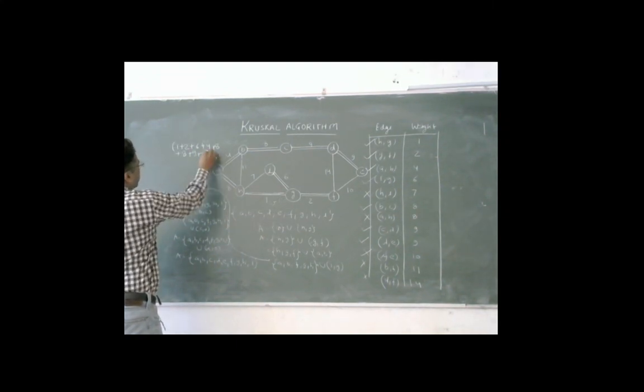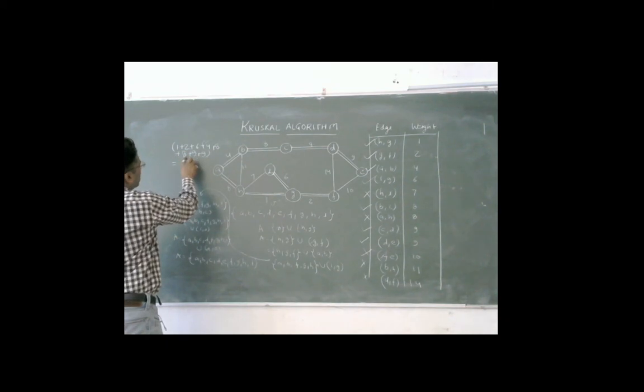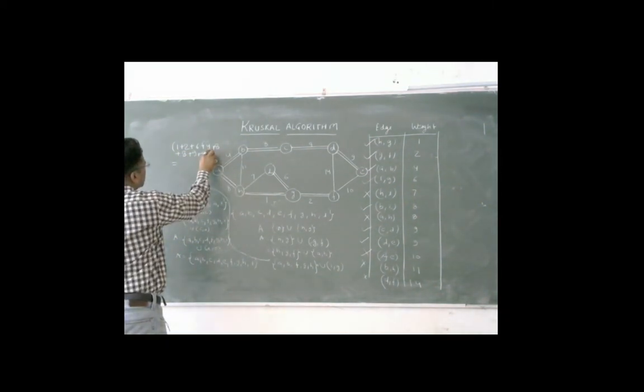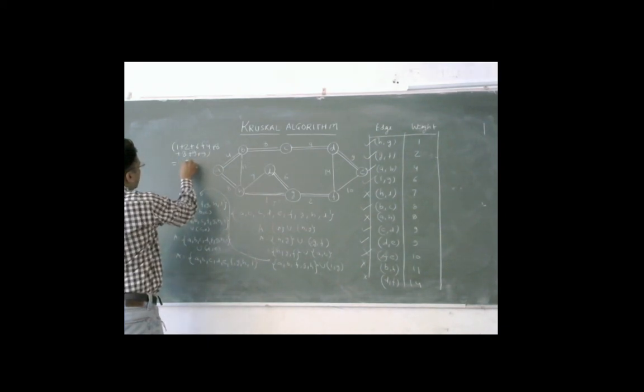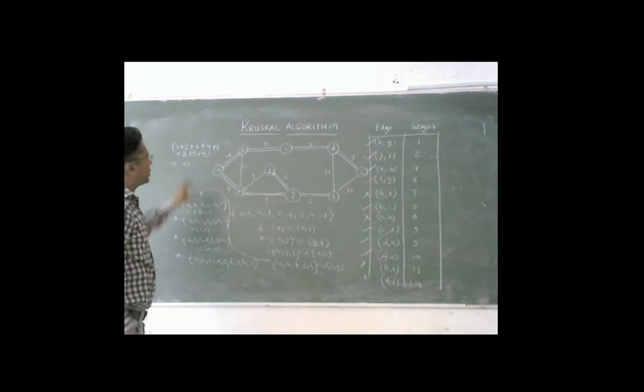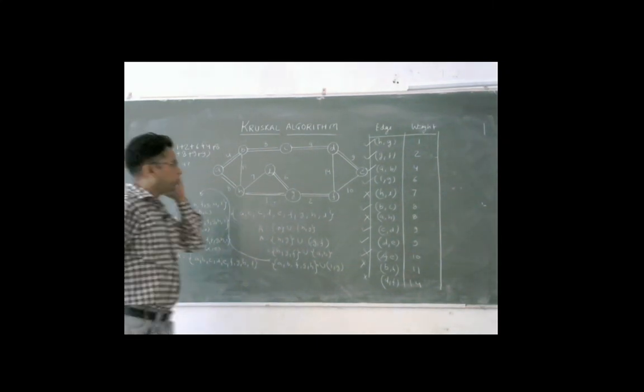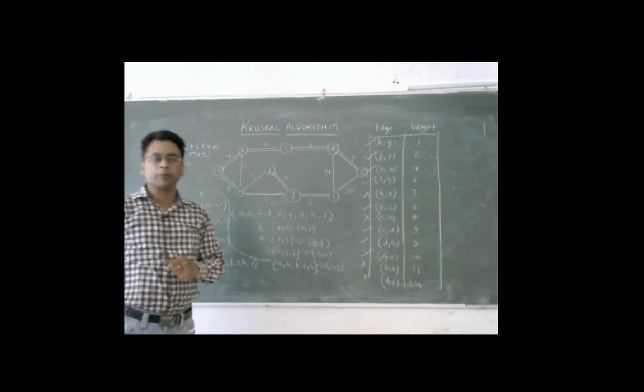The sum of all these will be around 47. This number 47 would be the weight of the minimum spanning tree.